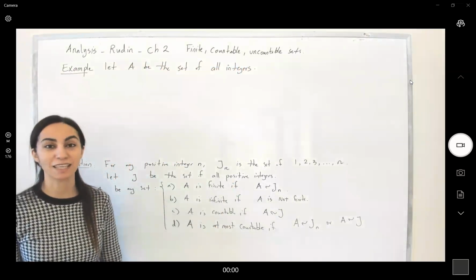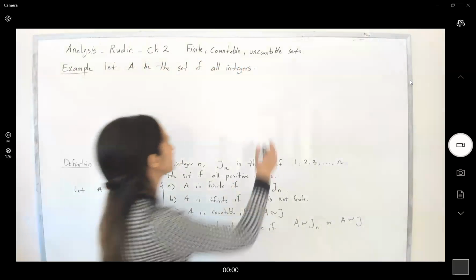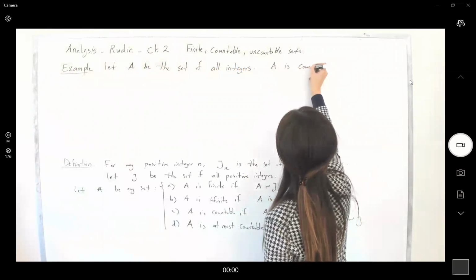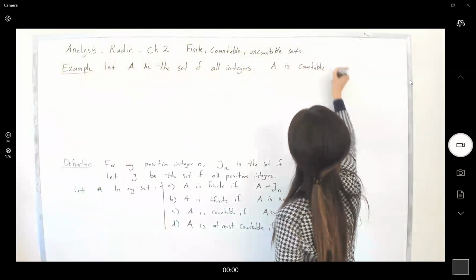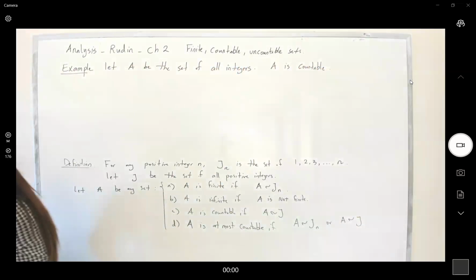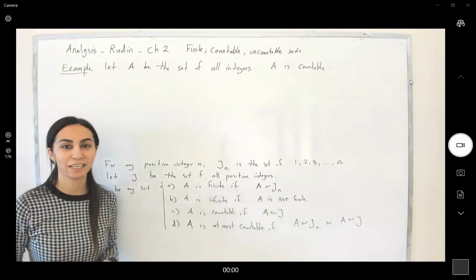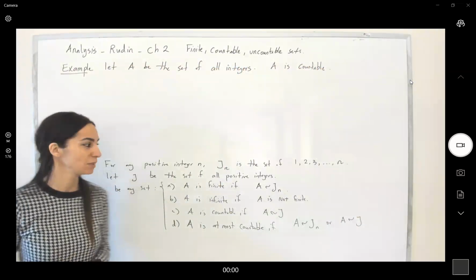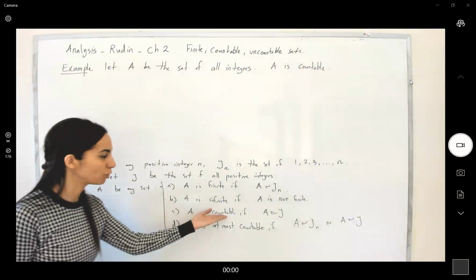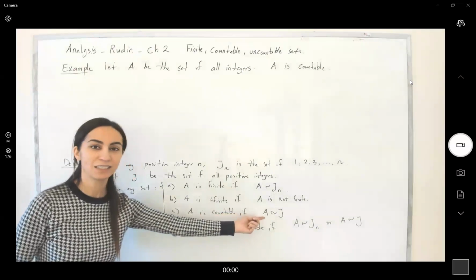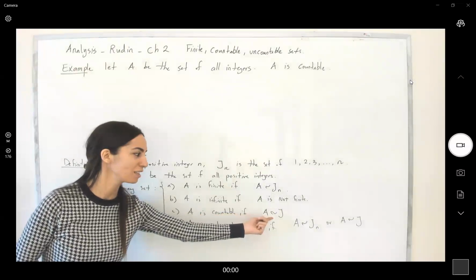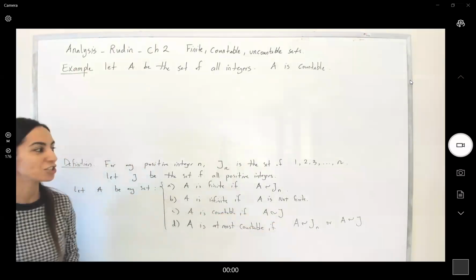Our claim is that A is countable. So how do we prove that? How do we show that A is a countable set? Well, to show that A is countable, we need to show that A has a one-to-one correspondence to set J.